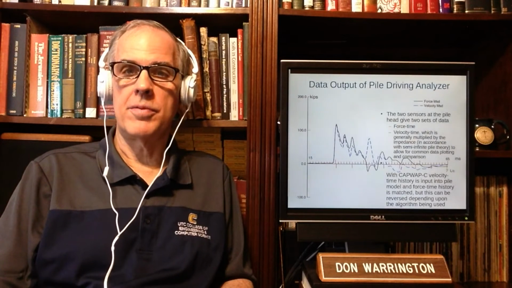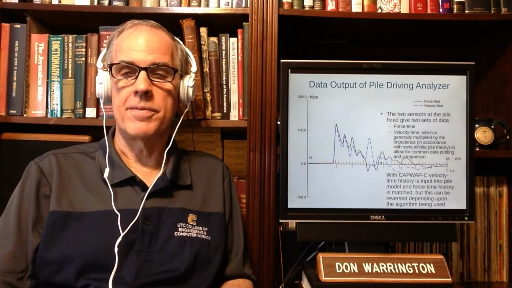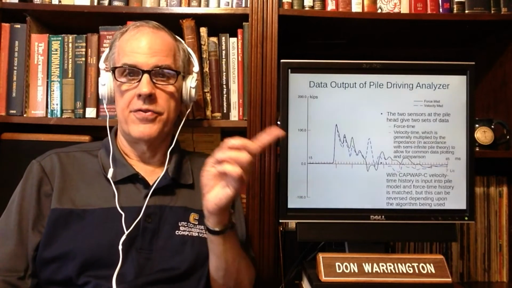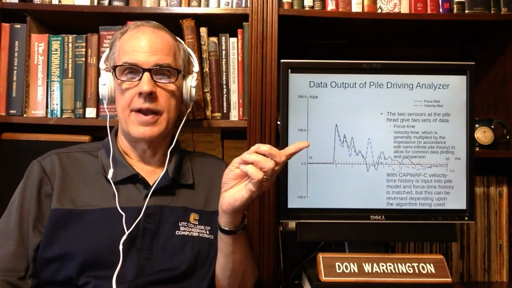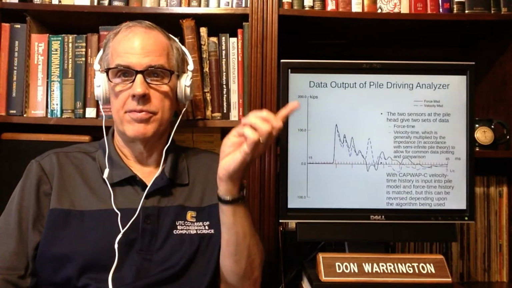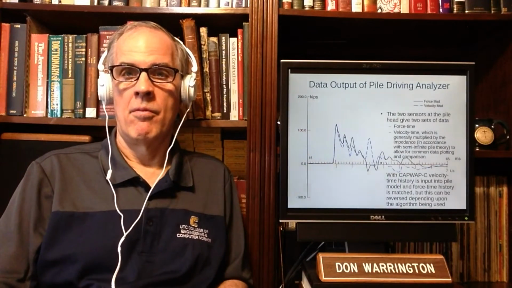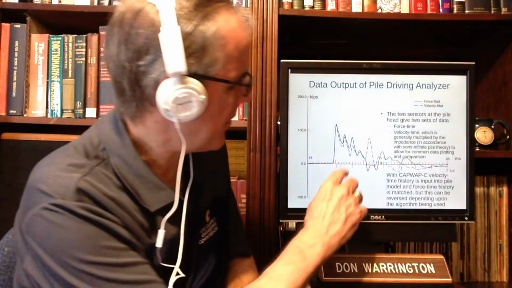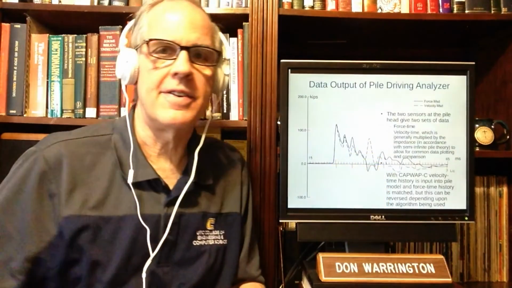So what I do to essentially match the two up is I take the velocity trace, I multiply every point times impedance, and I get it where it matches up with this force. This is not really V, this is Z times V.